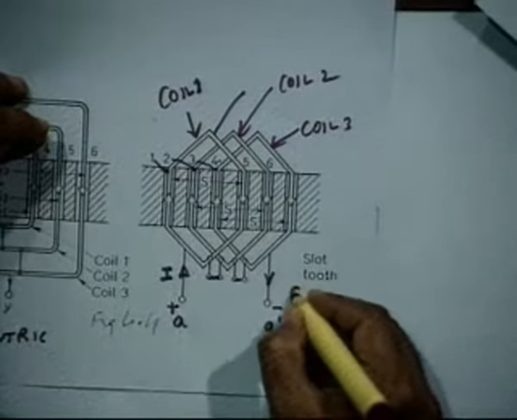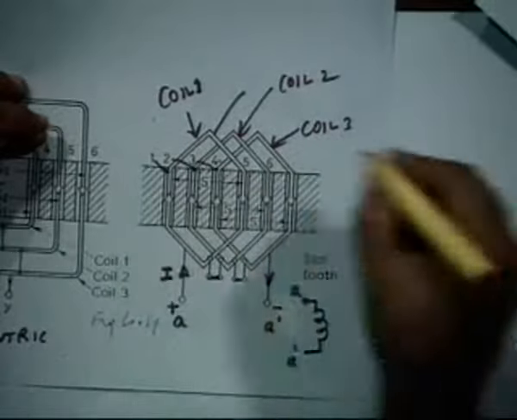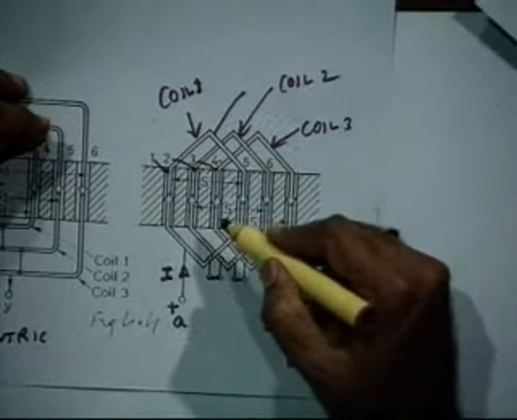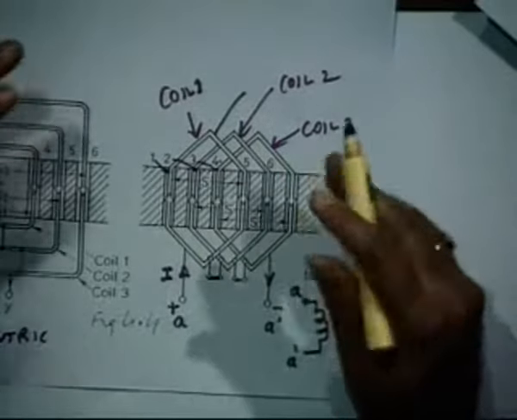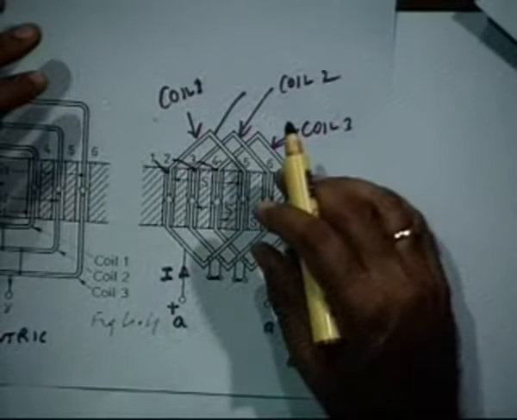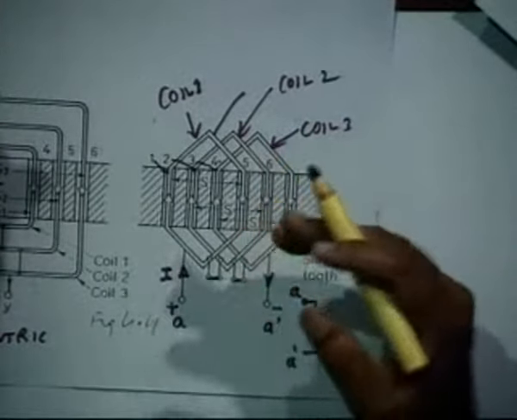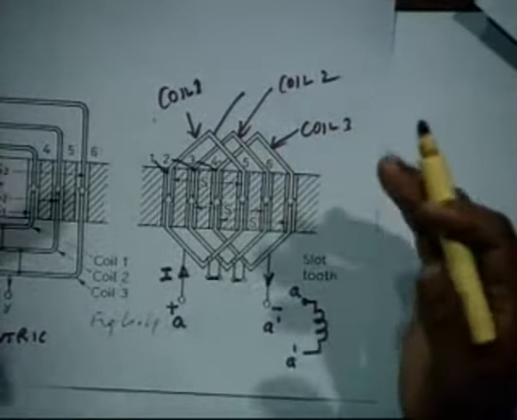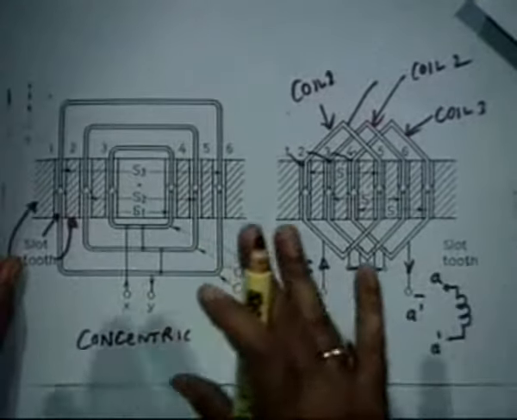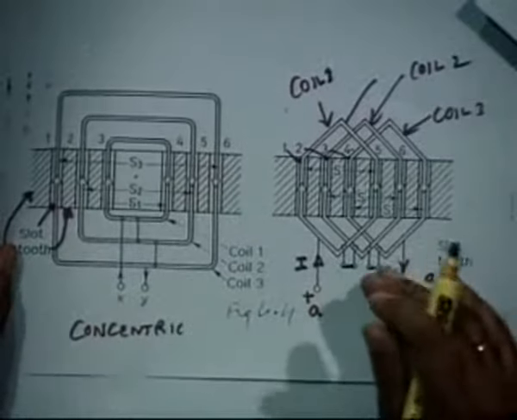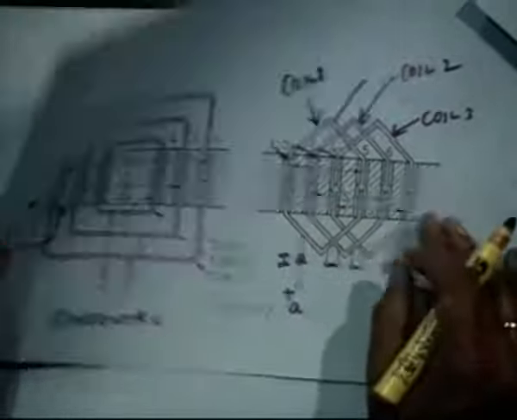That is A dash. So it goes through several turns. Supposing each coil has 10 turns, this winding will have 30 turns total, because we have 3 coils per winding, and each coil may have several turns. Okay. So you must now understand the difference between the concentric as well as the distributed coils.